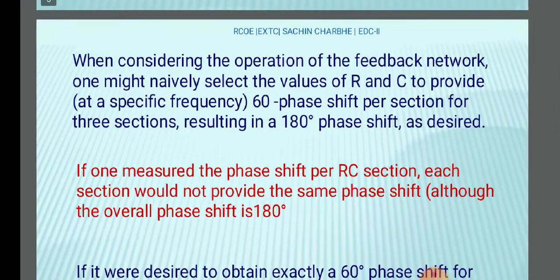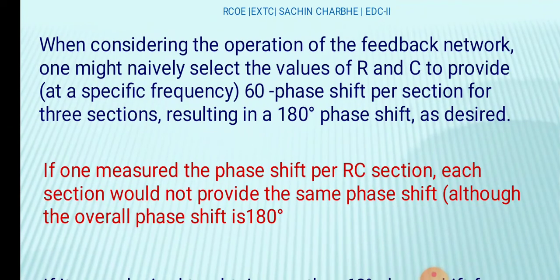When considering the operation of the feedback network, one might naively select the values of R and C to provide the specific frequency, so each gets a 60 degree phase shift, and for 3 sections, the result is the desired 180 degree phase shift.